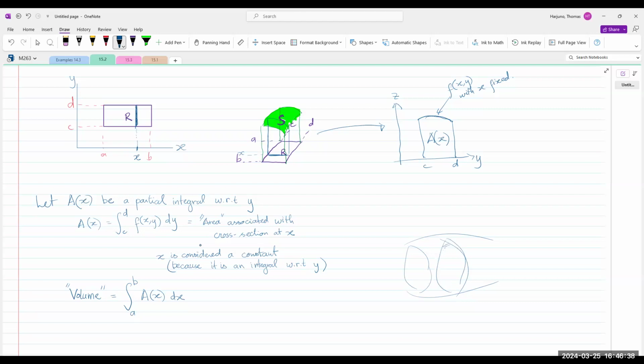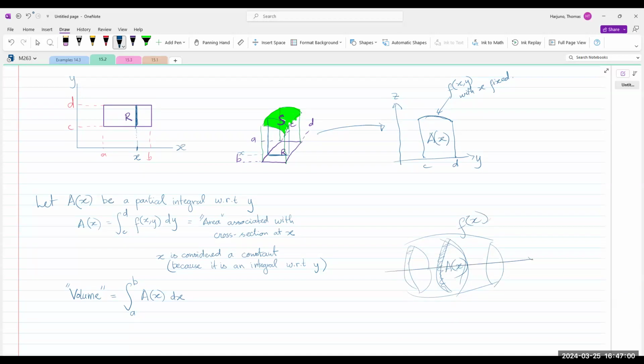You compute the volume of each little disk, and then add all those little disks to get the volume of the solid. Suppose this is f(x).